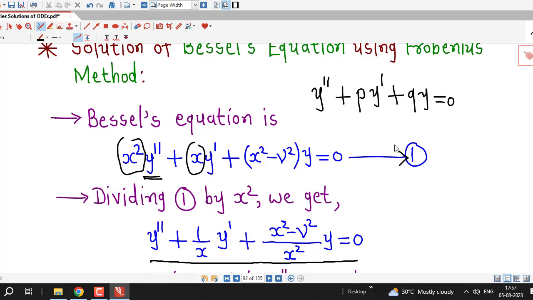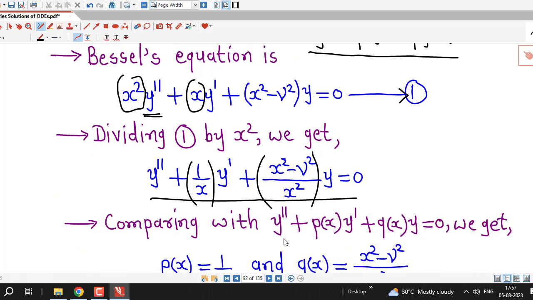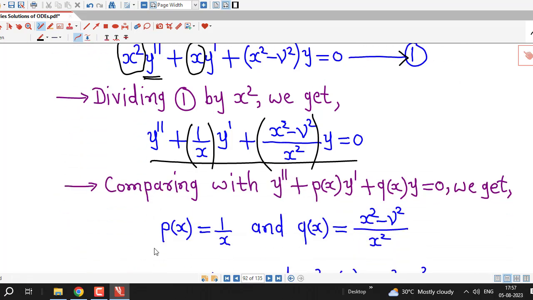Now if we compare this equation with the standard form, we find that p of x is 1 by x and q of x is (x square minus nu square) divided by x square. Now we multiply p(x) by x and q(x) by x square.